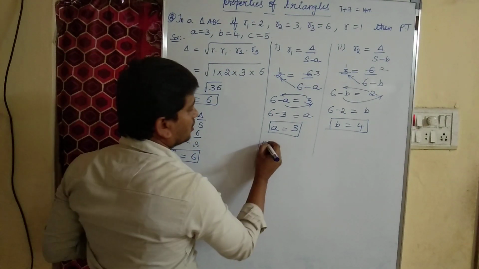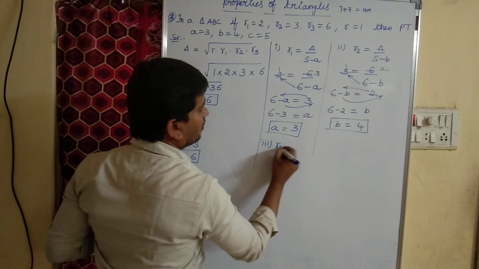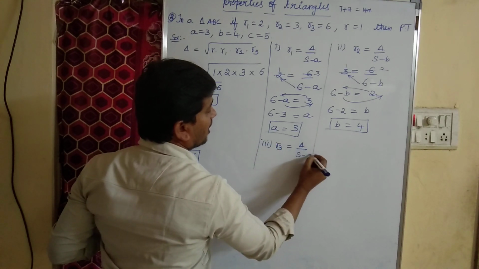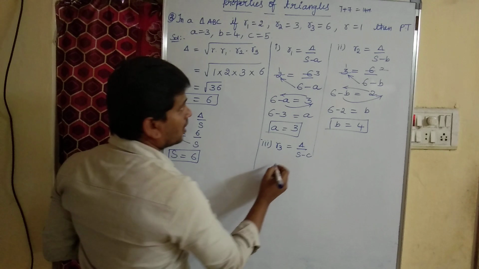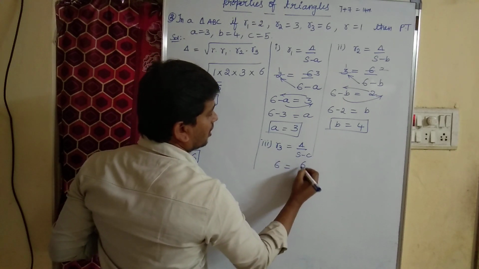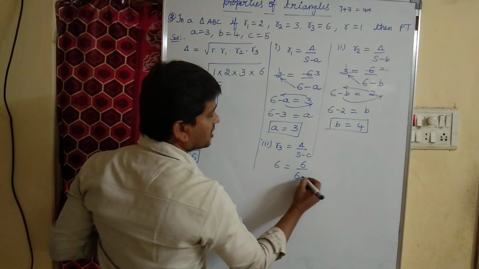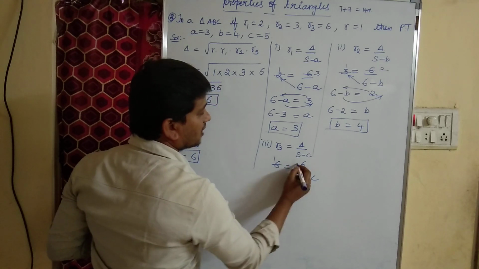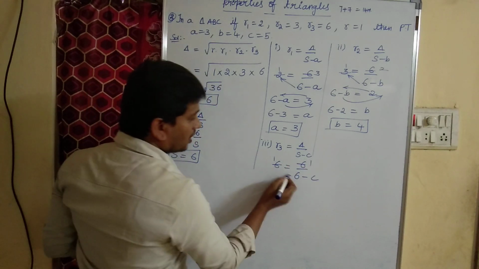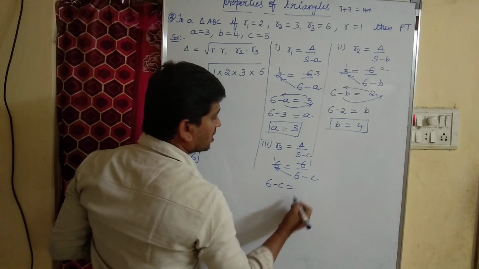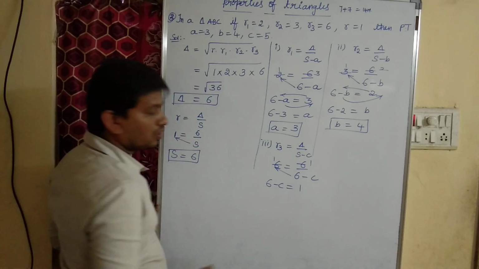Now coming to third one, the formula for R3 is delta by s minus c. R3 is given 6, delta is 6, s is 6 minus c. 6 1 are 6, 6 1 are 6. Cross multiplication 1 into 6 minus c, 6 minus c, that is equal to 1.